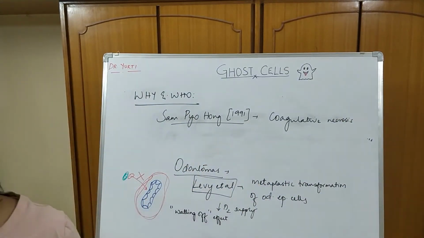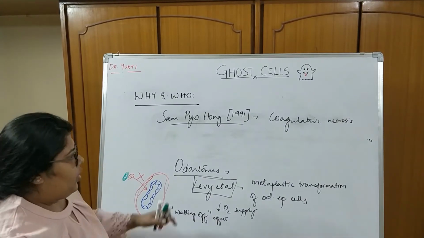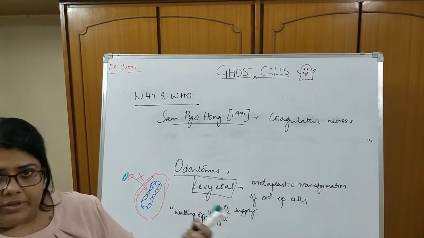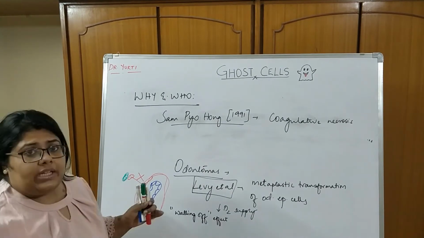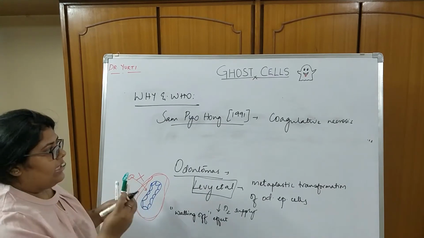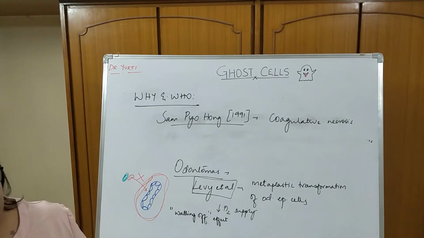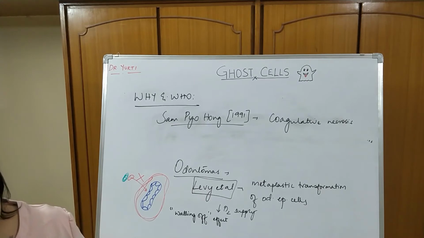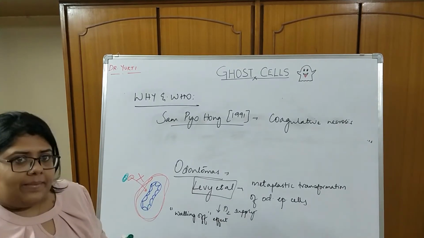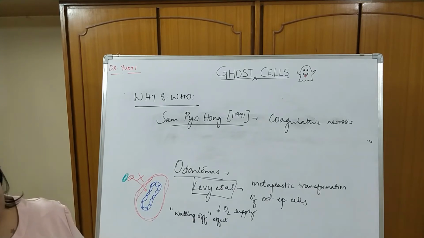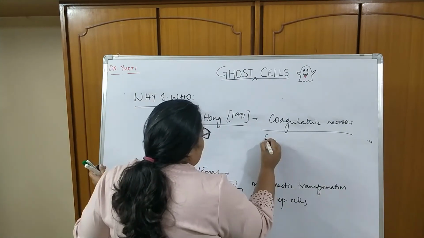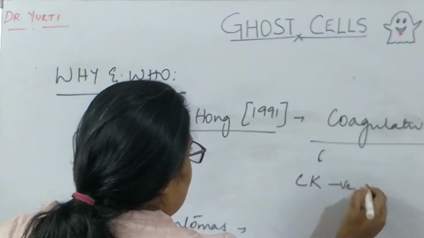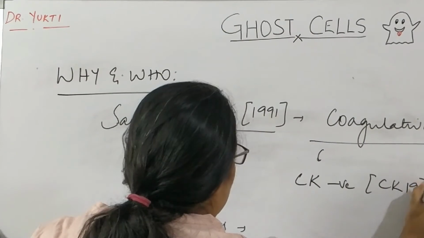So he said this, and what made him actually refute the previous theories regarding ghost cell was that immunohistochemically, when he stained the ghost cells as well as the other odontogenic epithelial cells in CCOT, the other odontogenic epithelial cells were characteristically cytokeratin positive, whereas the ghost cells came out to be cytokeratin negative, to be specific CK19.